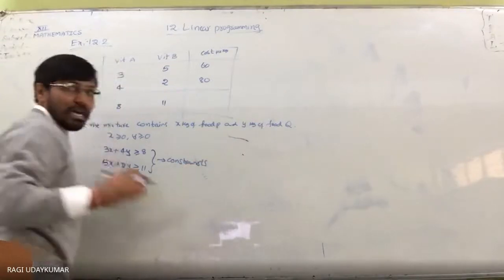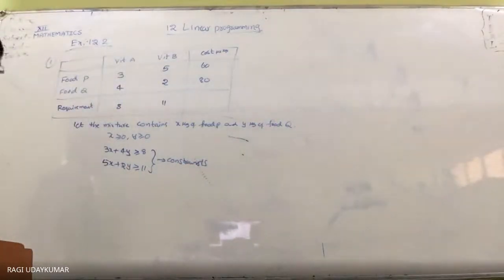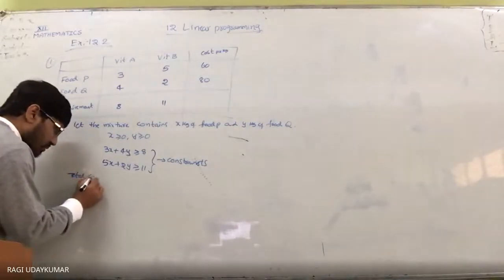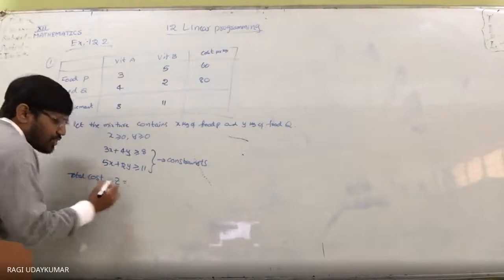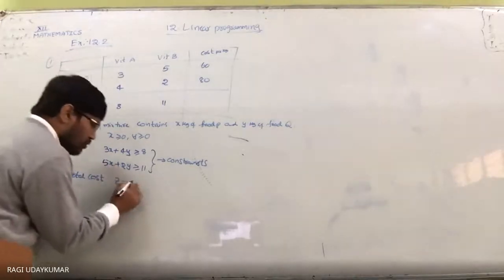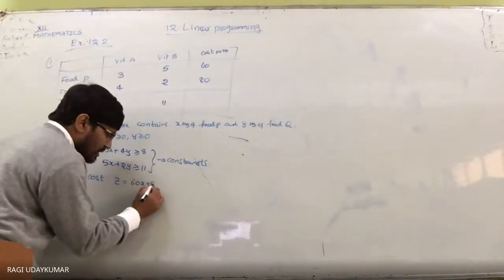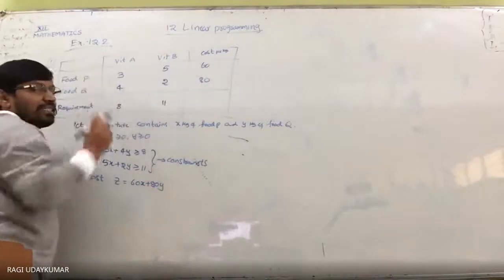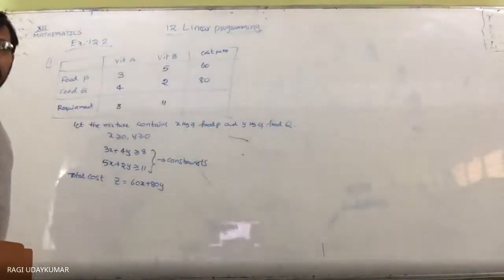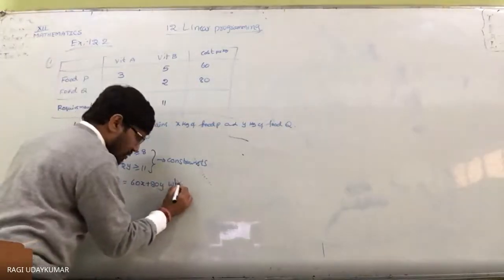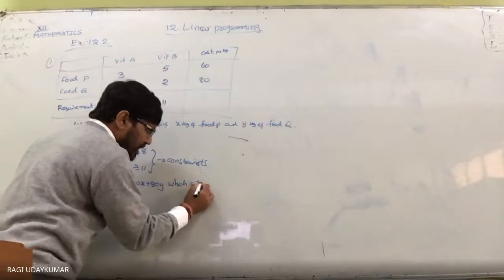So what is the objective function you need to find? Total cost. Let us represent total cost by z. Total cost z is equal to 60x plus 80y, 60 for x kgs of food P. Per kg the cost is 80, which is to be minimized.